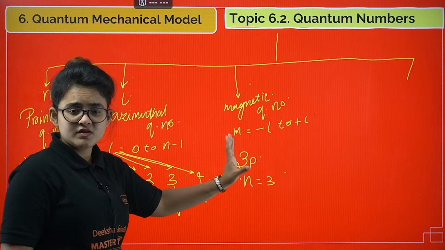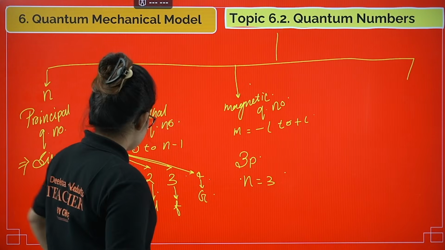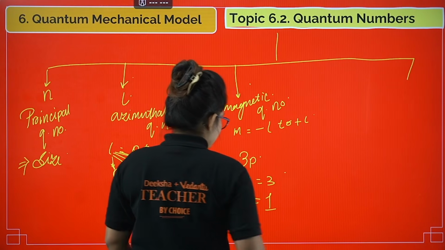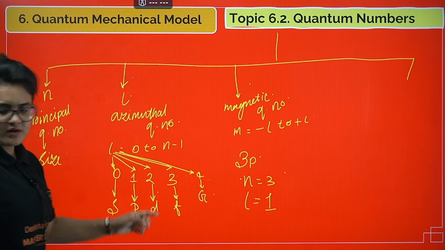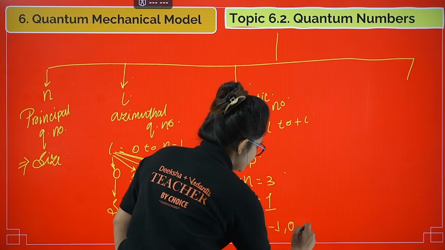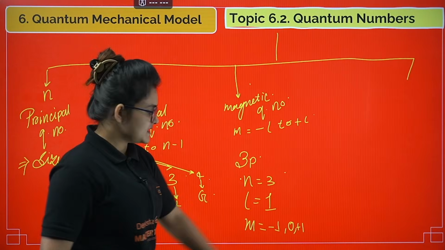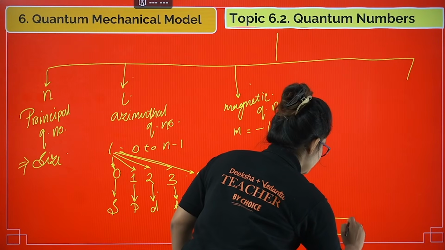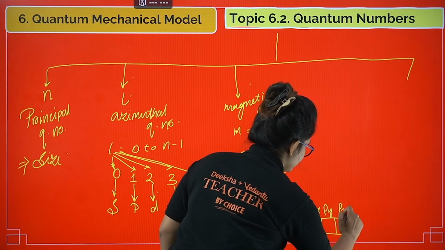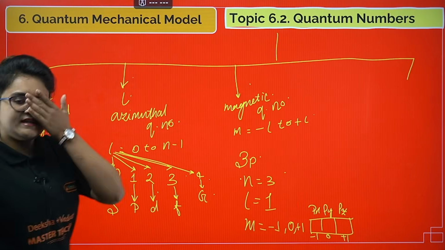I am taking the 3p orbital, so p means my l value is 1. For this case, m can be minus 1, 0, plus 1, from minus l to plus l. That corresponds to 3 different p orbitals: px, py, pz, with m values minus 1, 0, plus 1.